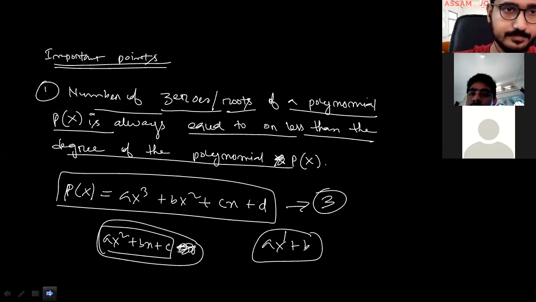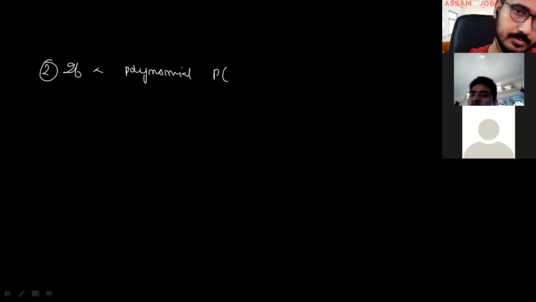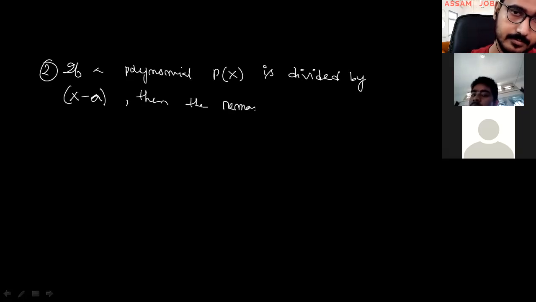Next, number 2. If a polynomial p(x) is divided by x minus a, then the remainder will be p(a) equal to r.